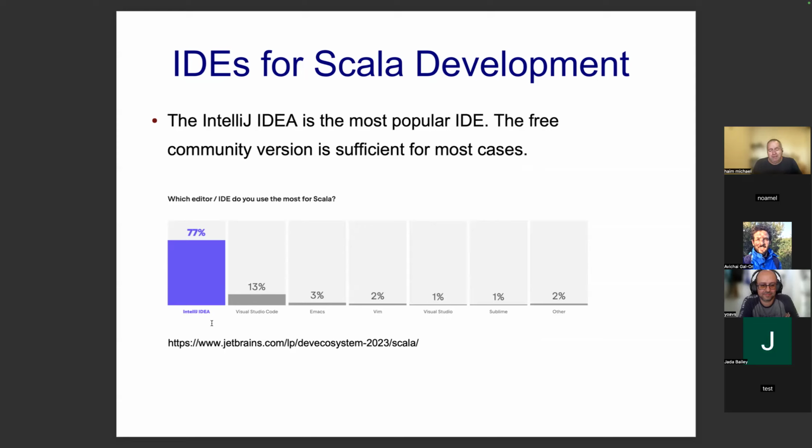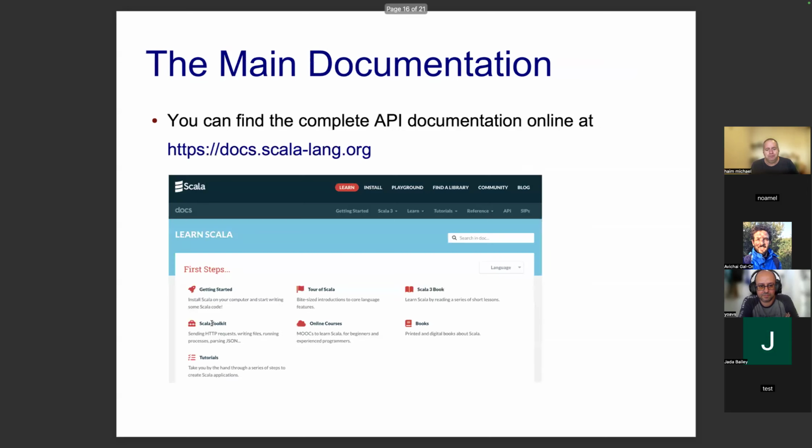So far, I haven't met even a single developer doing Scala or Kotlin or even Java using VS Code or any of the other tools. Everyone is using IntelliJ. And there is a reason. It is an excellent IDE. So use it. If you are doing your first step, start with IntelliJ.